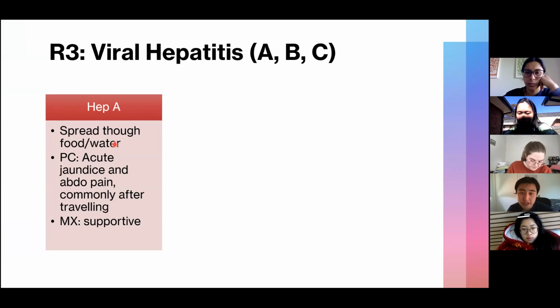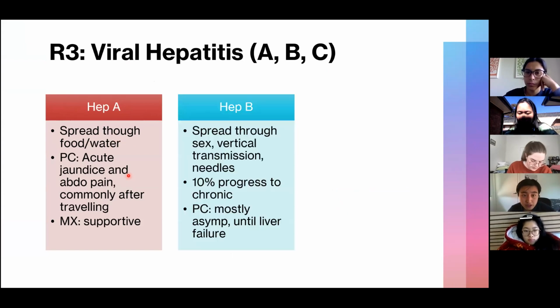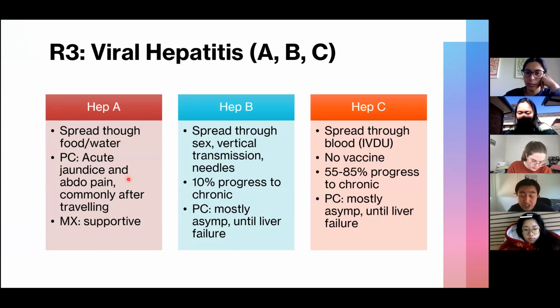The management of that is supportive. This is acute, in contrast to Hep B and Hep C, which are more chronic. Hep B is spread through sex and vertical transmission, and Hep C is spread through blood. A much greater proportion of Hep C progress to chronic. For both of these conditions, generally they're mostly asymptomatic until liver failure, as opposed to Hep A, which presents more commonly with acute jaundice and abdominal pain.